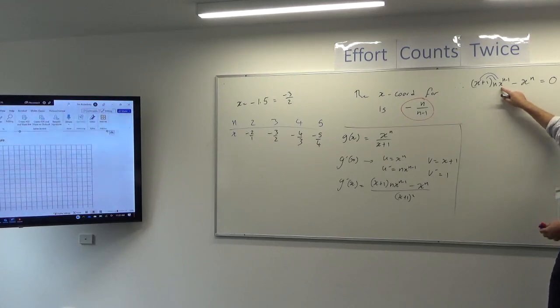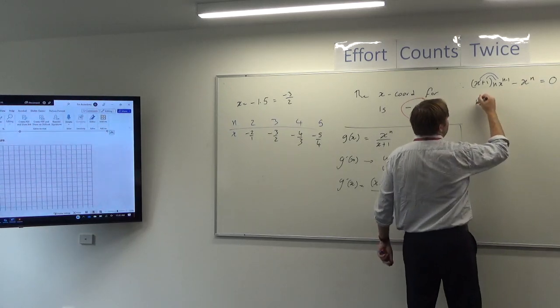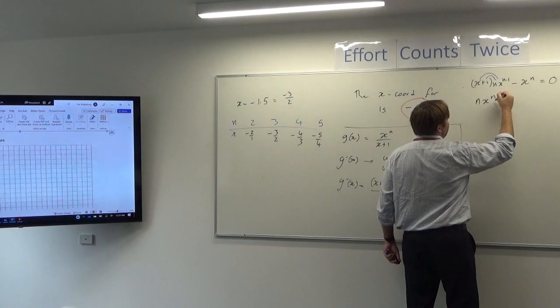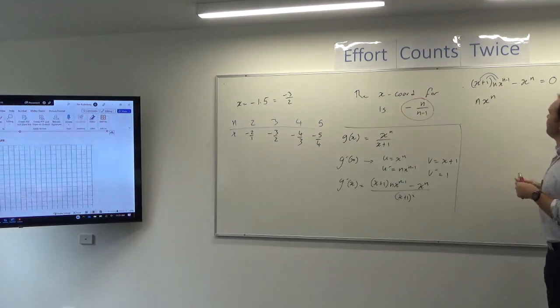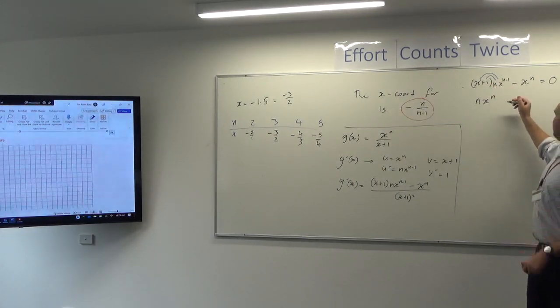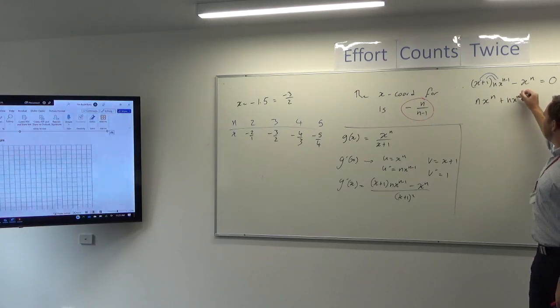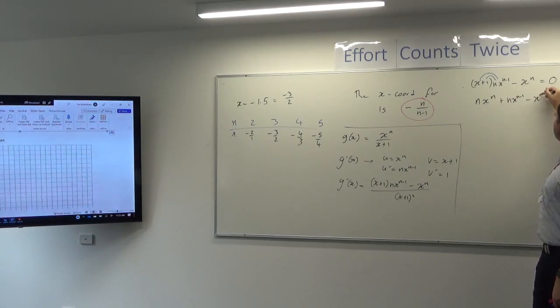X to the power of 1 multiplied by x to the n take 1, we're adding the powers. So that gives us n x to the n, that's that, plus 1 lot of it, plus n x to the n take 1 minus x to the n equals 0. That's that expanded out.